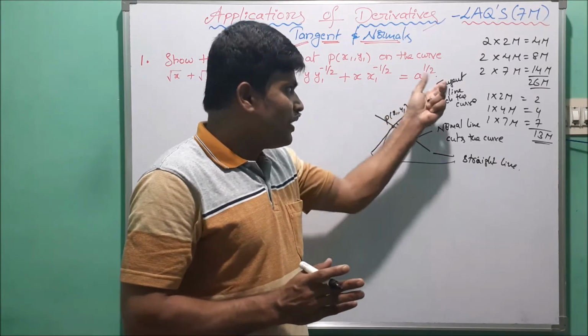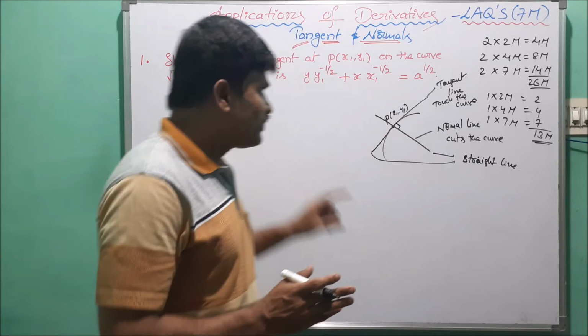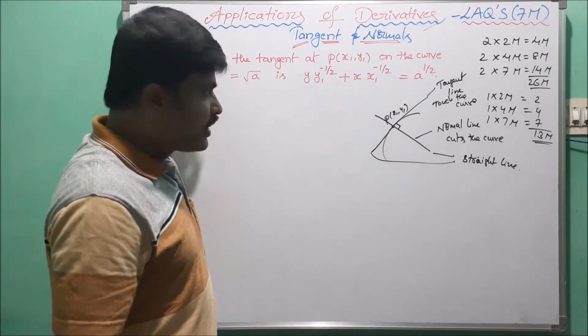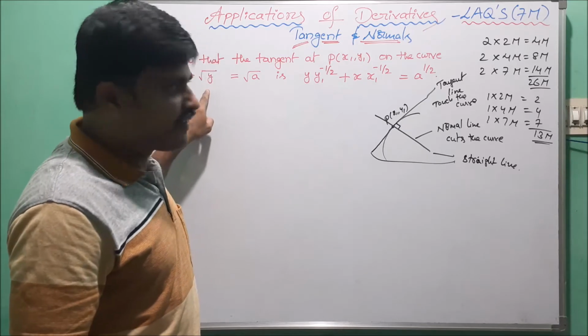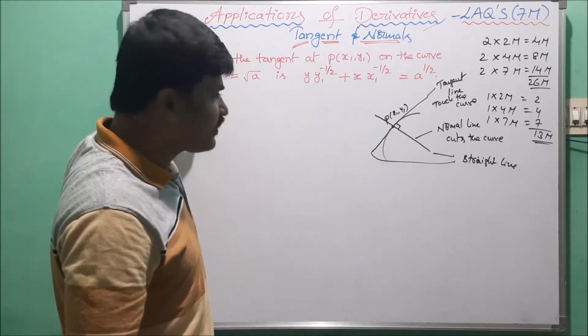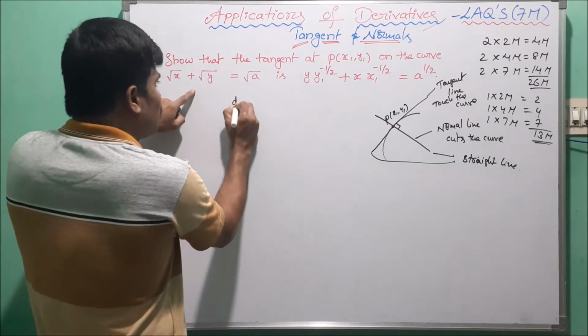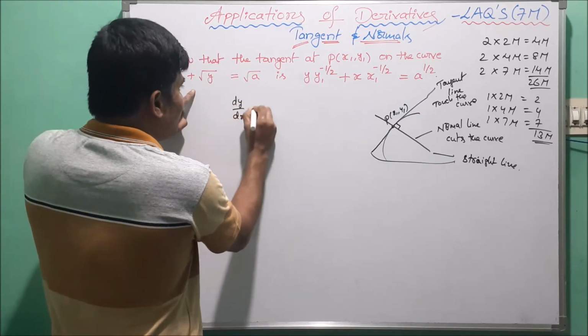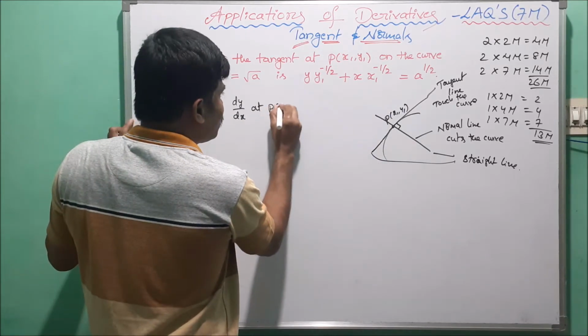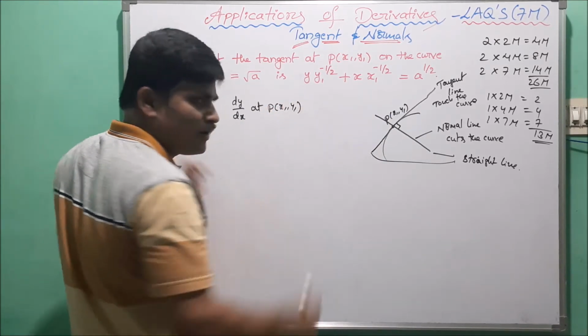First we take the given curve and differentiate with respect to x, to find the derivative of that function, that is dy by dx. Here we find dy by dx at the given point P of x1, y1.